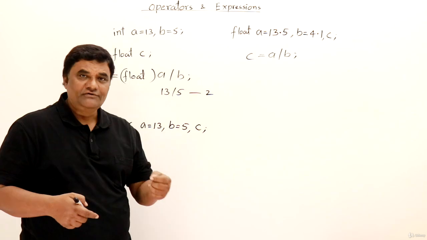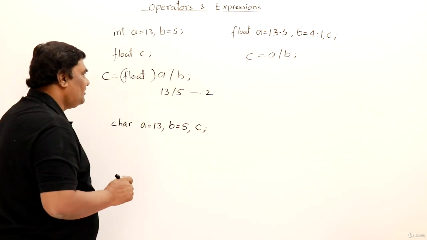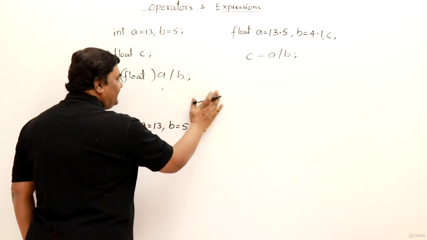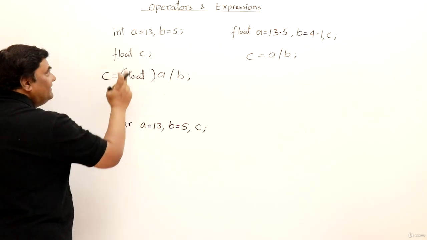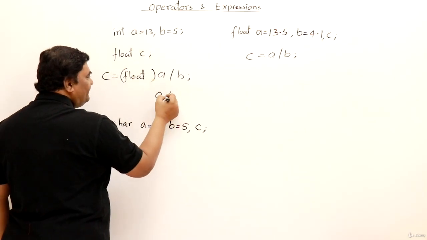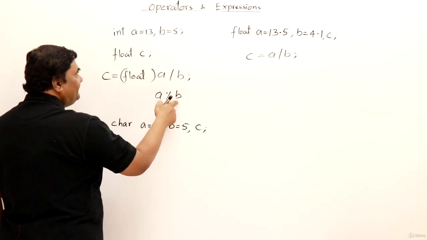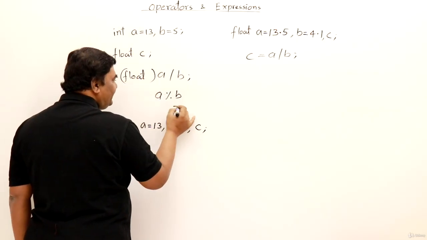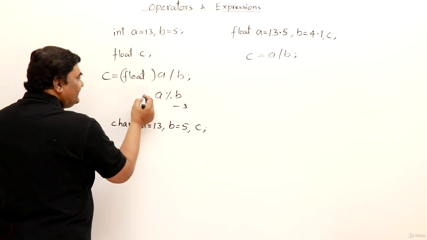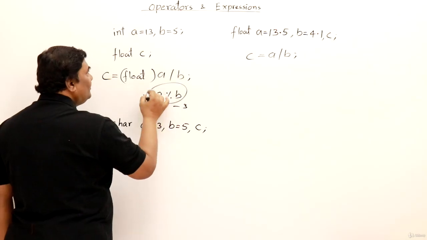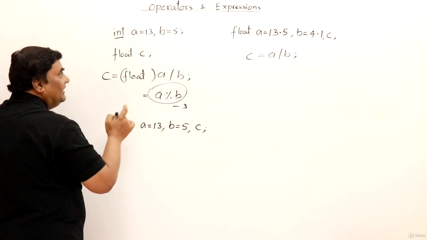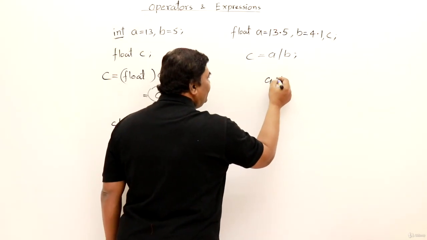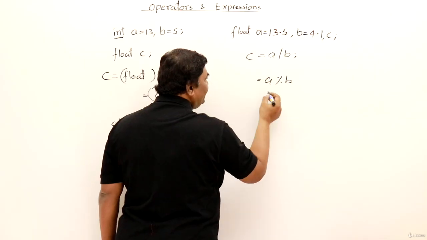Now next I will show one more thing. We have seen the mod operator, which gives the remainder when two numbers are divided. In this case, A mod B, when A is divided by B, the remainder will be 3. So this mod operation can be performed over integers. Can I do A mod B here with floats and store the result in some variable?